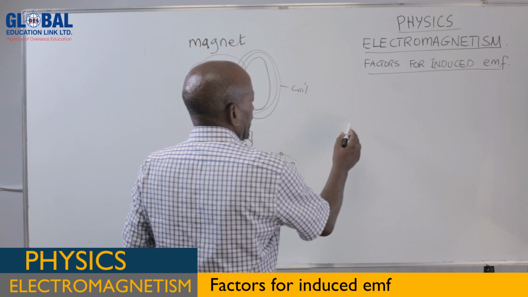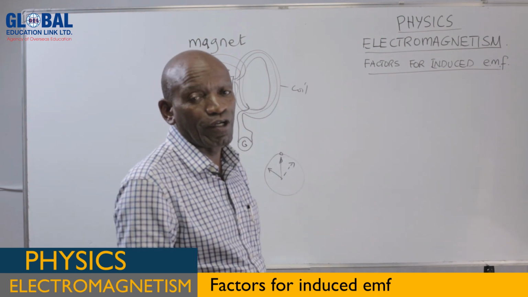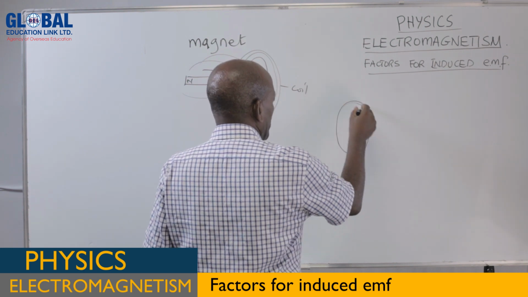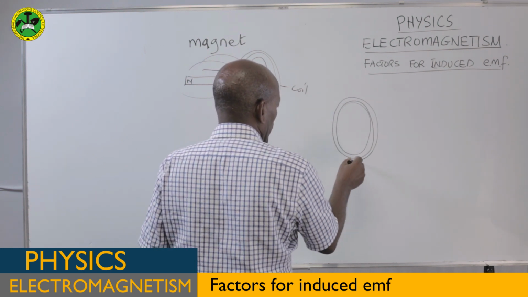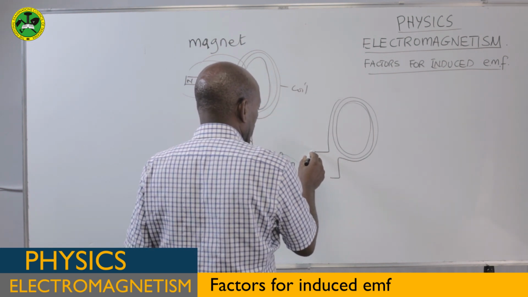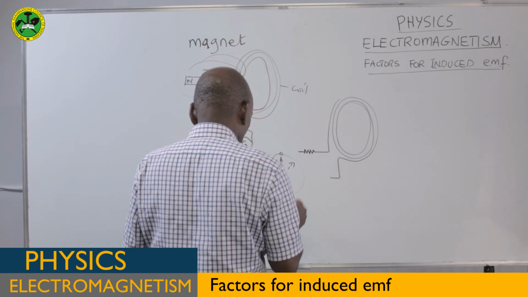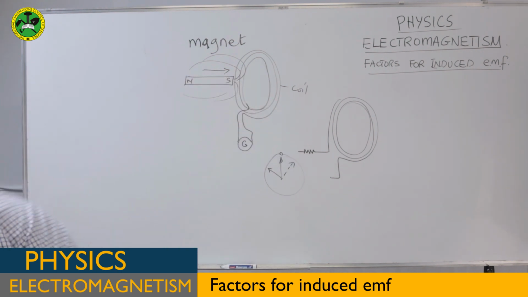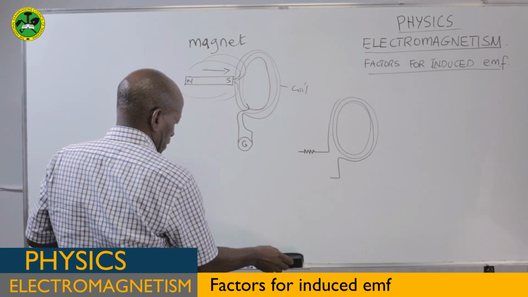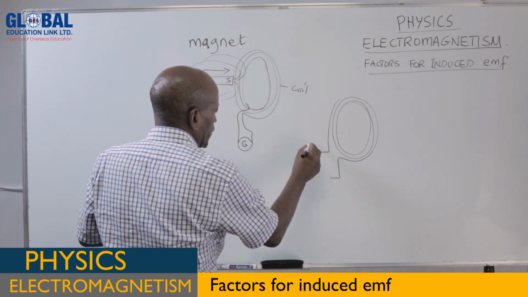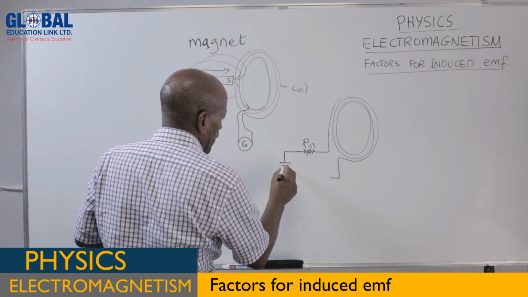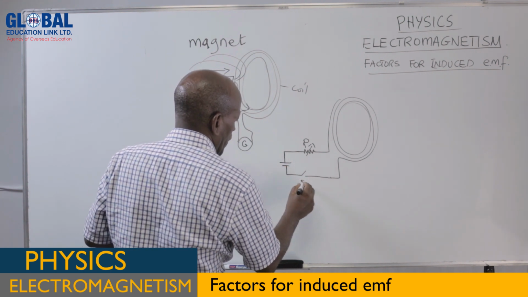Something can also happen if we have two coils. You could have a primary coil like that one, connected to a rheostat, and to a cell and a switch.